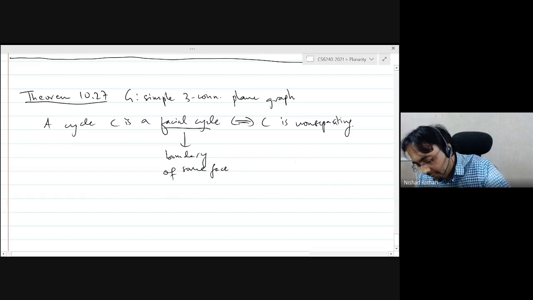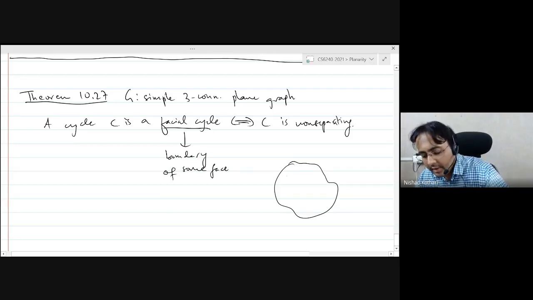Intuitively, if you have a cycle which is a face, you can't have a bridge inside and outside. So all the bridges are going to be either inside or outside. And because the graph is three-connected, it forces the graph to have a single bridge.